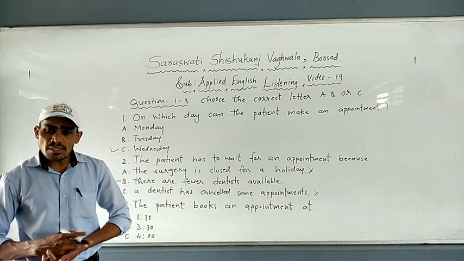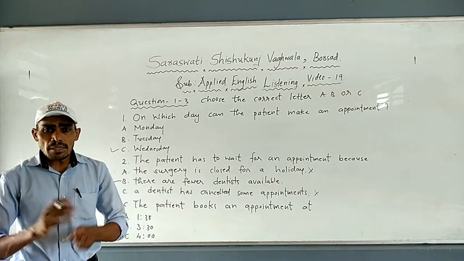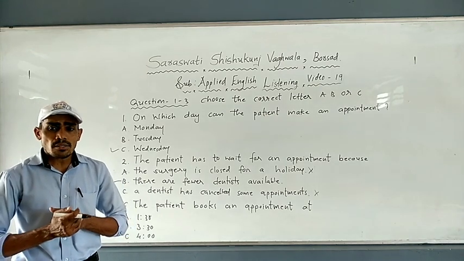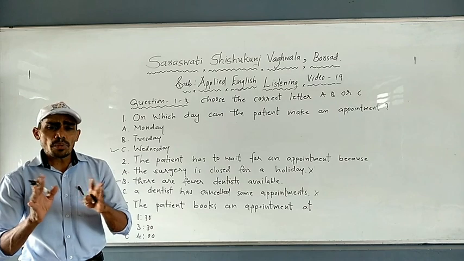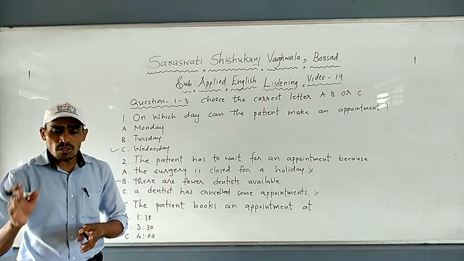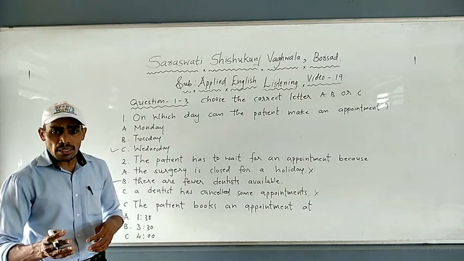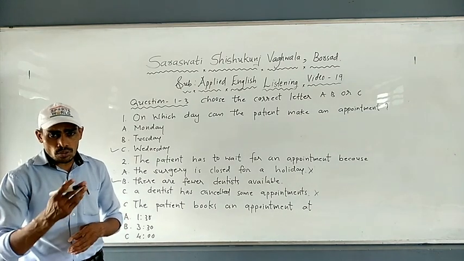And Bartley says, yes, let me note down in my diary at 3:30. And immediately, the patient replies, no, it may not be possible for me because I have some work, and that's the reason I can do 1:30 if it is possible. So what is the option?